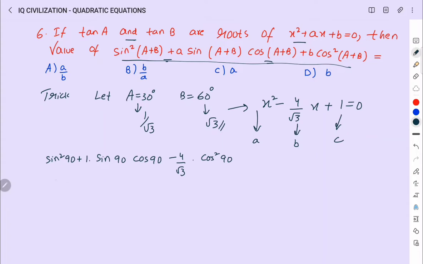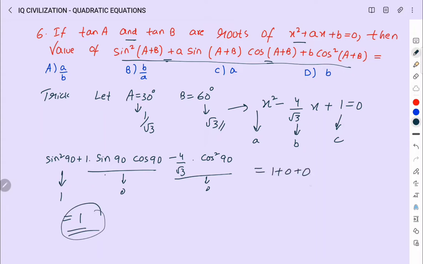So here I'll get 1, this entire term is 0 because cos 90, and here the entire term is 0, again cos 90. So my answer here is 1 plus 0 is 1. And 1 is what? B only, right? This one. Okay, next one.